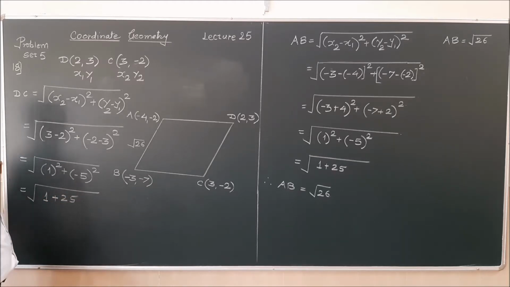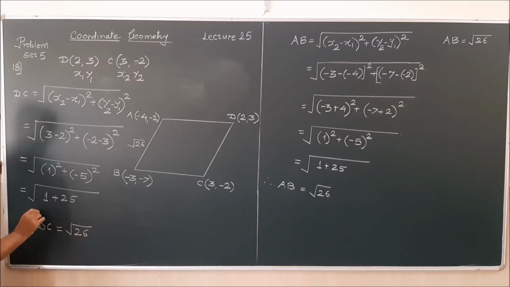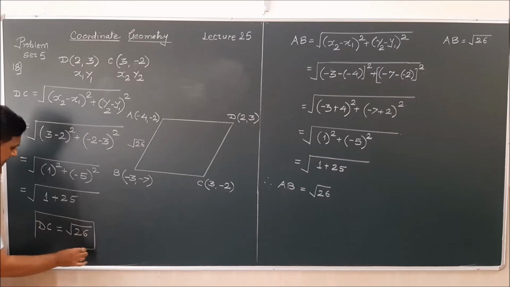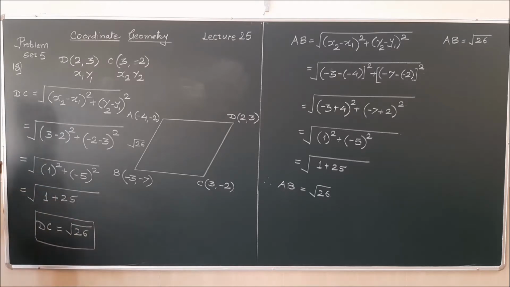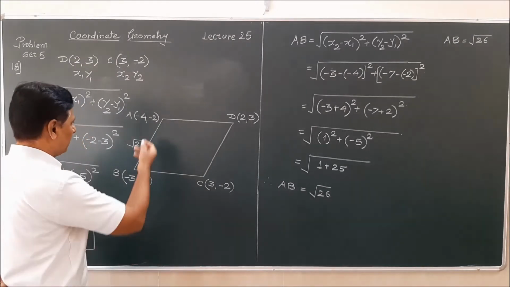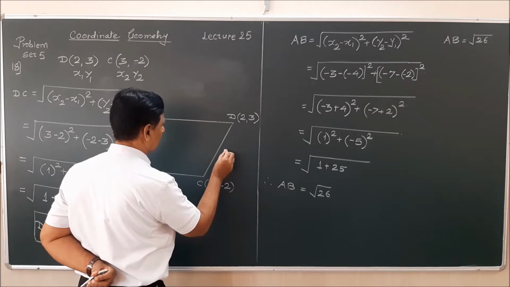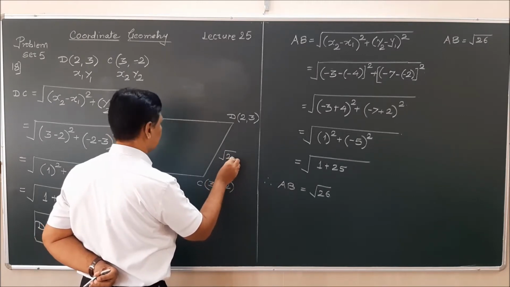The length of DC is equal to root 26. This is how you will find it. Here we obtain the pair of opposite sides AB and DC, both root 26.